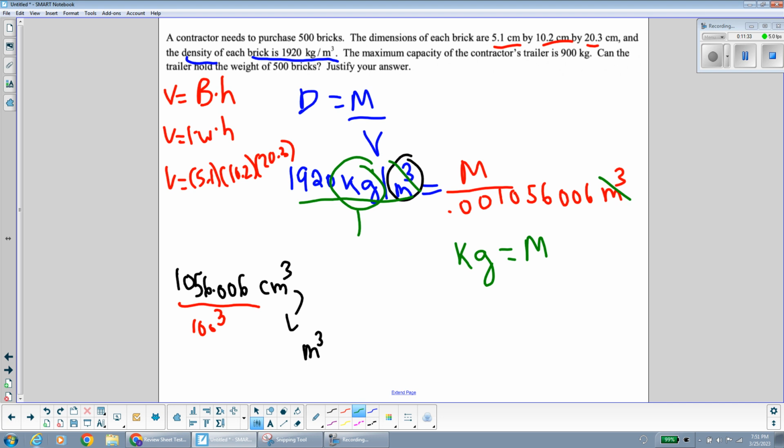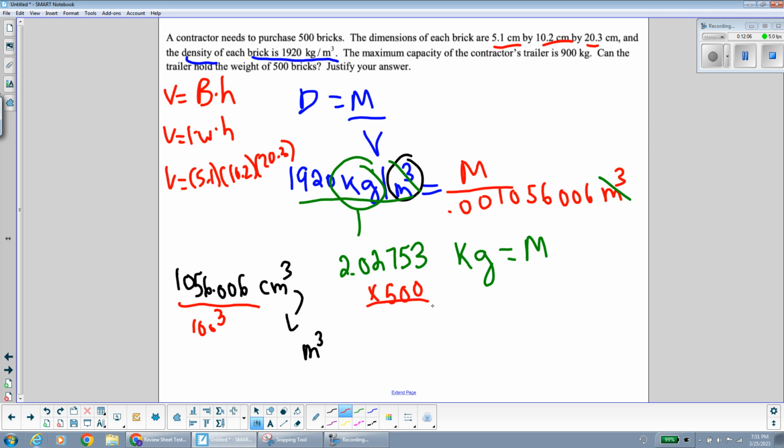So let me multiply 1920 times that really long number, 0.001056006, and I got 2.02753. I definitely want to leave a couple of decimal places until my very last step, so I don't have a rounding error. Okay, so this is the mass of one brick, but we're talking about 500 bricks here.